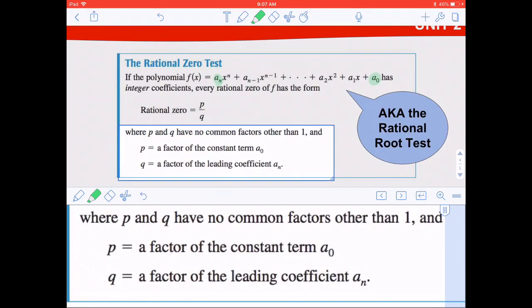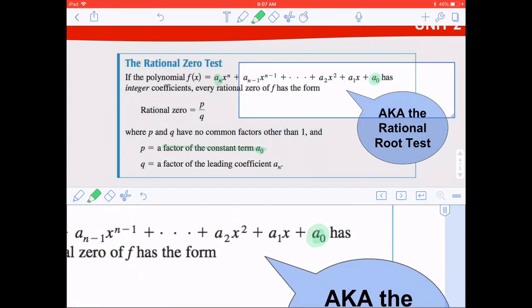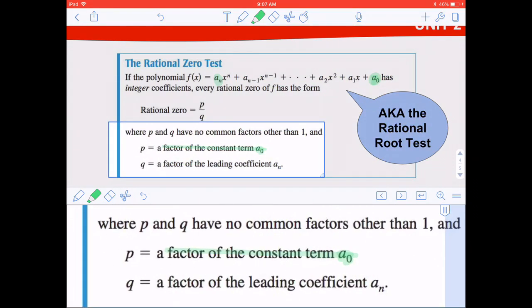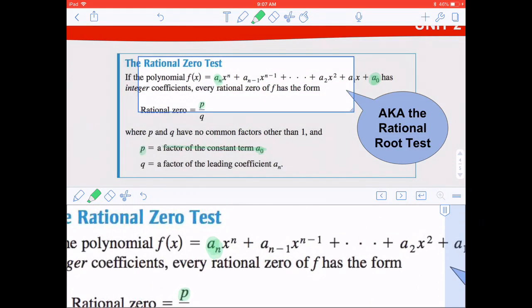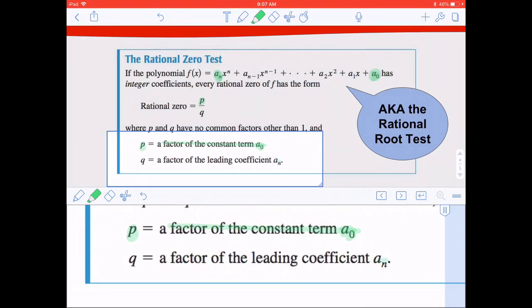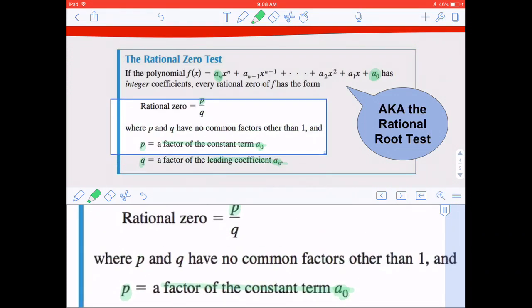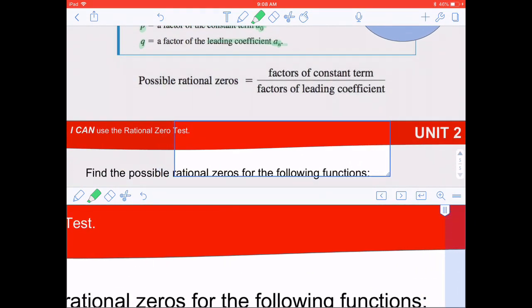And so that constant at the end, that a naught that I highlighted right here, that is going to represent p, and p is always going to be going into the numerator there. And our leading coefficient, right here, is going to represent q, and that's always going to go in the denominator. So I'm going to take a look here at an example.